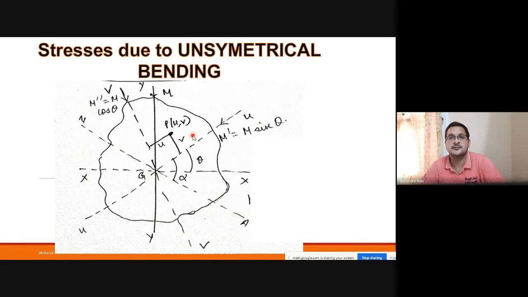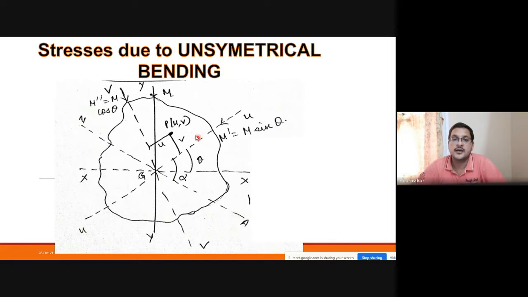There is a transformation factor which I will write on the whiteboard. If it had been symmetrical bending, the coordinates of the point would have been x and y. But since it has converted into the u and v axes, point P has coordinates u and v.